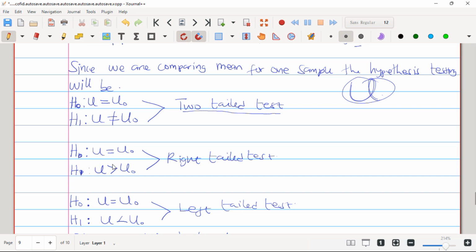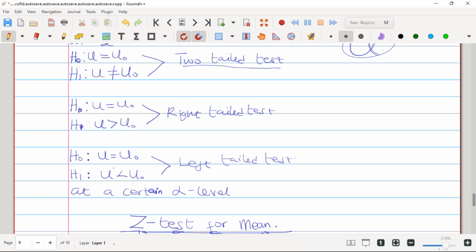So what about the one-tailed test, when it is to the right? This is how the hypothesis can be set. H0 is mu equal to mu naught, and H1 is mu greater than mu naught. This represents a right-tailed test, right? So here our mu will be greater than mu naught for the alternative hypothesis.